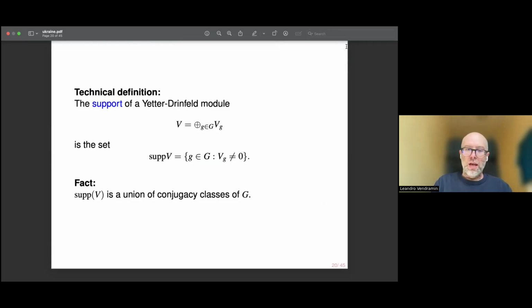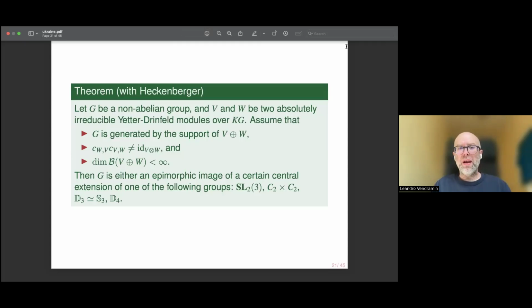Now, with Heckenberger about 10 years ago, maybe a bit more, we proved this. So we gave a full classification of the groups that can produce a finite dimensional Nichols algebra over a braided vector space with two indecomposable summands, say, right?